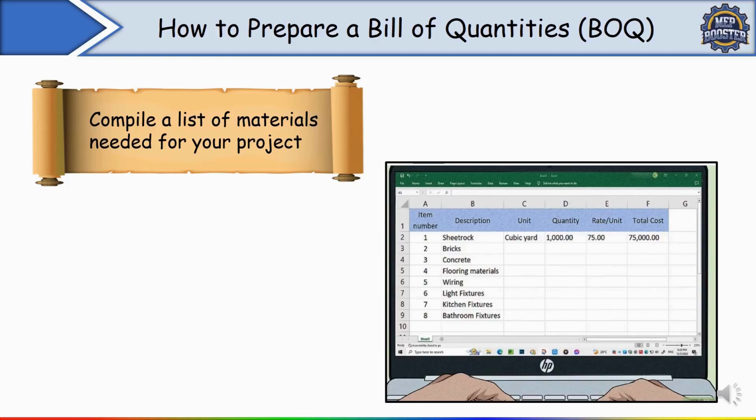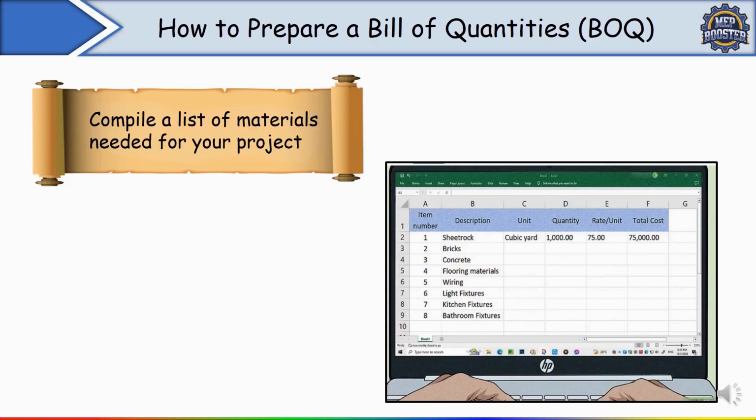Then the name and specification of each material go into the description column of your BOQ spreadsheet. You can see in the description the material name is given. For example, if you are building a house, okay, you might need framing material, sheet rock, bricks, concrete, flooring material, wiring, lighting fixtures, and kitchen and bathroom fixtures, etc.